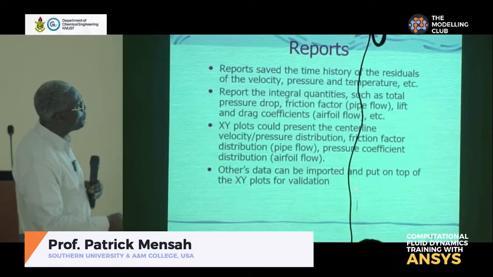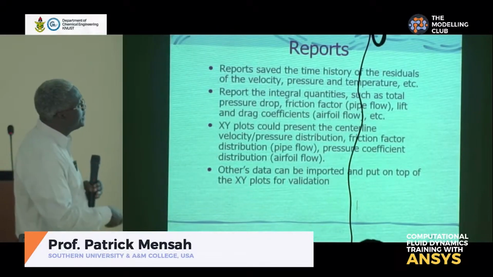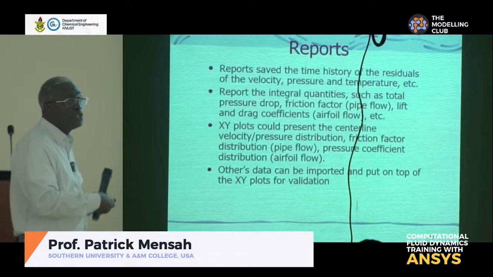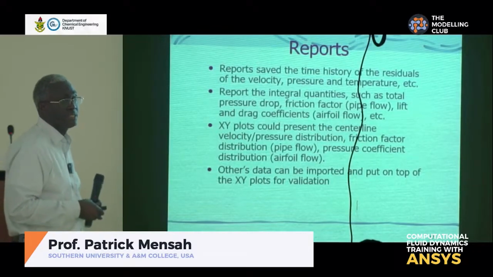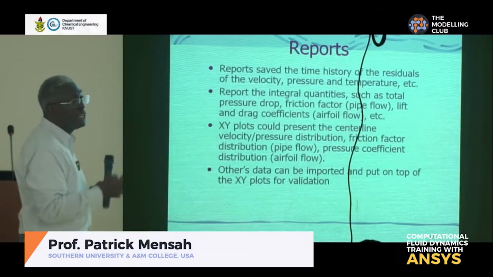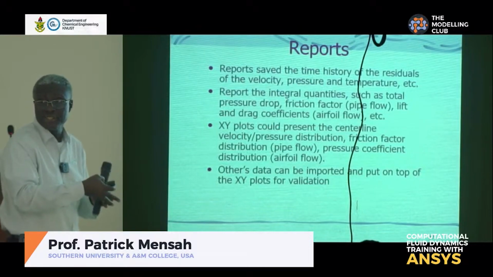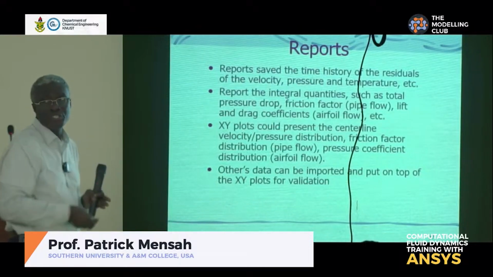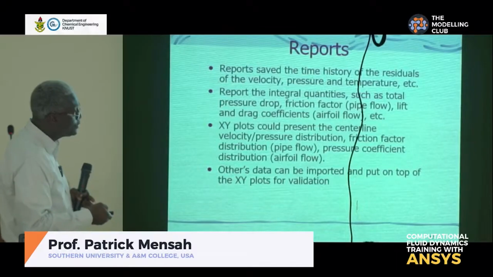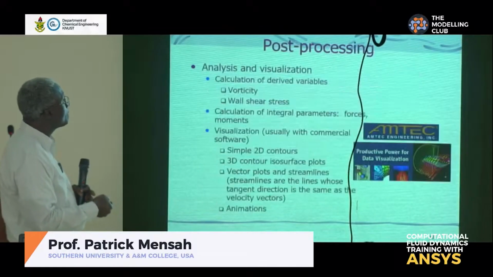Other data that can be imported and put on top of an XY plot for validation. Okay. In other words, what report do you need from your analysis? Okay, it's not only pressure, it could be temperature, it could be species concentration. Okay, you have to specify that for the report to be generated.